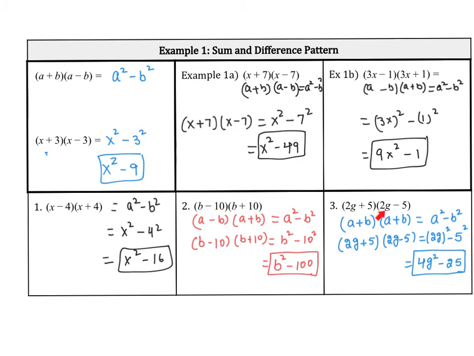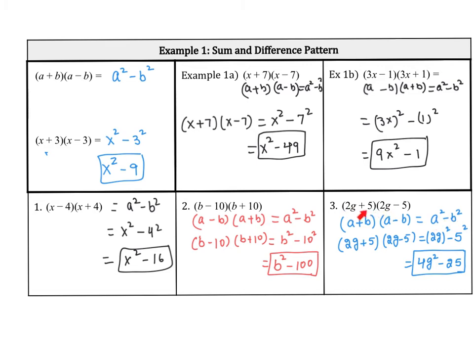Here again I'm going to compare it with a plus b times a minus b, so the center would be minus. The formula is again a square minus b square.